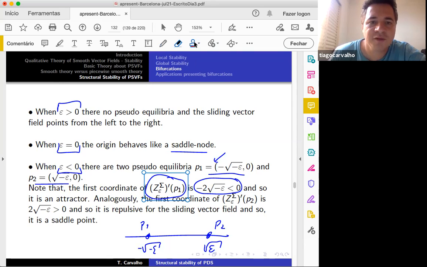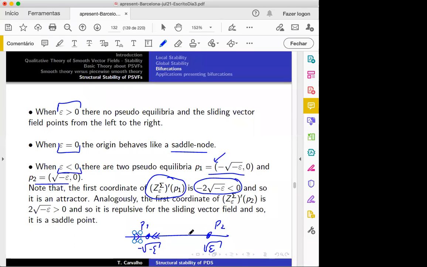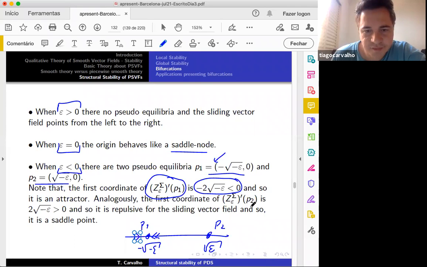So we have the point P1, which behaves like an attractor for the sliding vector field, and the point P2 has a derivative of the first coordinate of this vector field positive, and so it has a repulsive dynamics in this one-dimensional vector field.